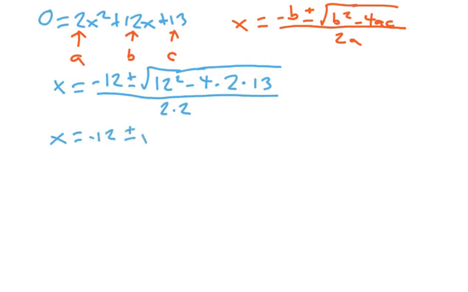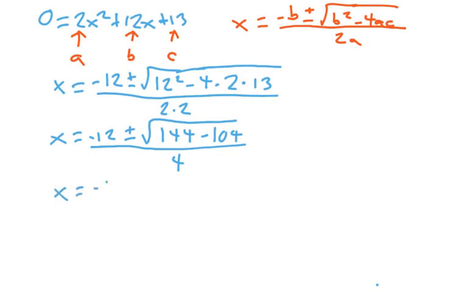Plus or minus principal square root of 12 squared is 144. And 4 times 2 times 13 is 8 times 13, and that is 104. Oh, that's not going to be too bad. And then 2 times 2 is 4.